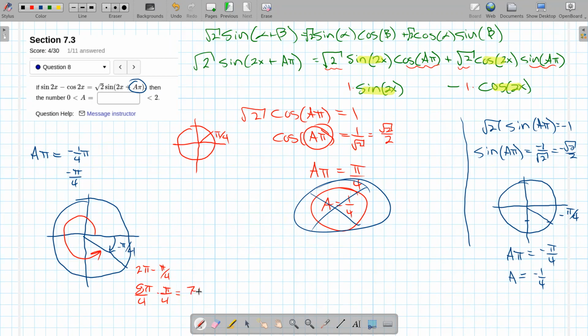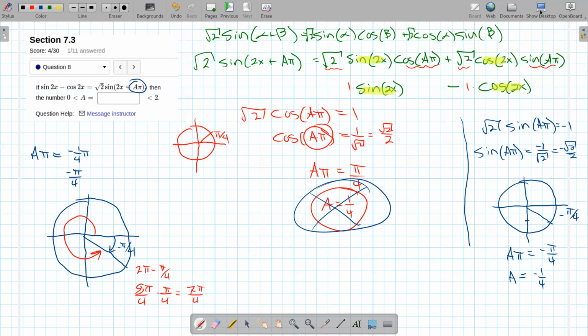So that angle should be 7 pi over 4. Is that number less than 2? That does not look right either. Oh, but a would be 7/4, which is less than 2. Okay, that's got to be it.